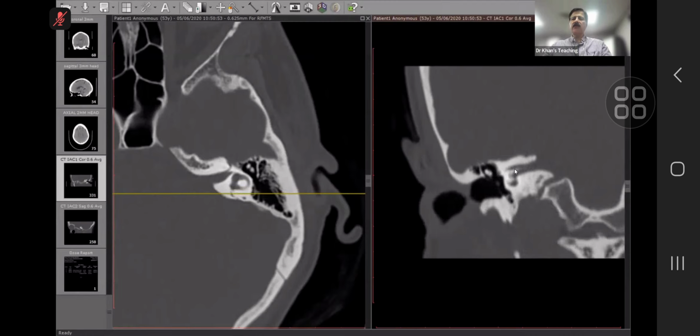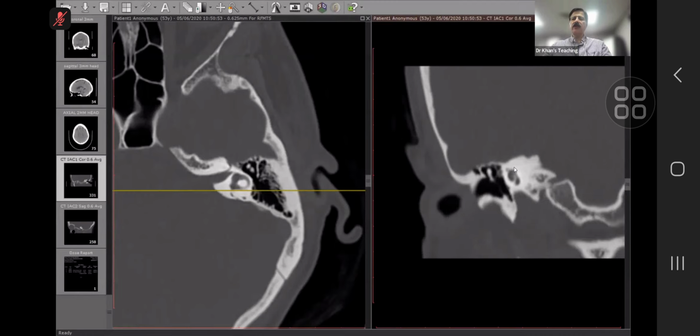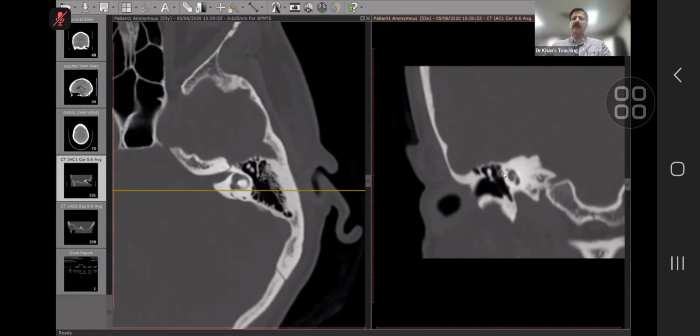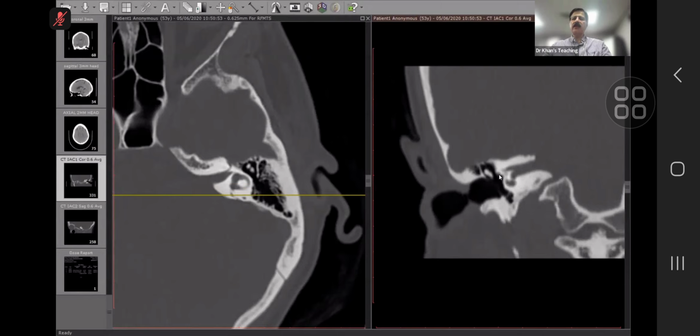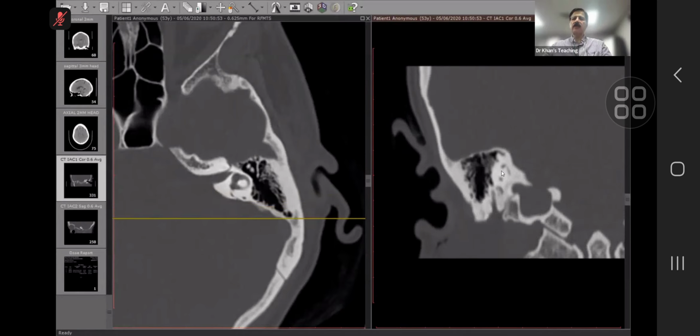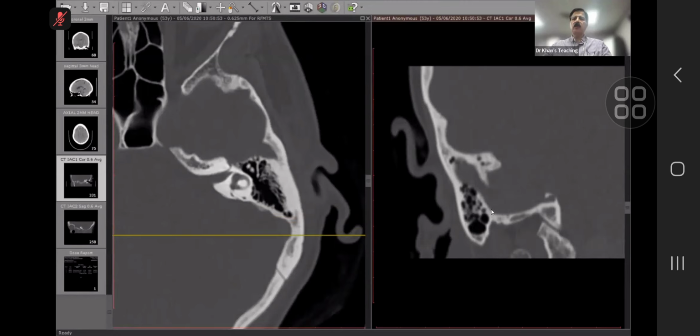The facial nerve is coming from here. This is the dot, which is the labyrinthine portion, the geniculate ganglion, and then the tympanic portion, which passes underneath the lateral semicircular canal. And this is the descending portion.